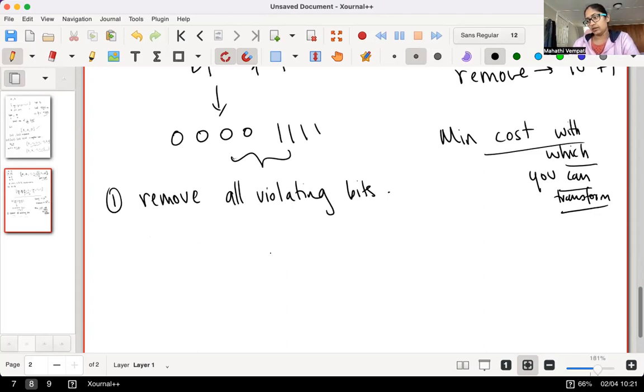Now, when would you not want to remove all violating bits? If you can replace any removal with a swap, right?